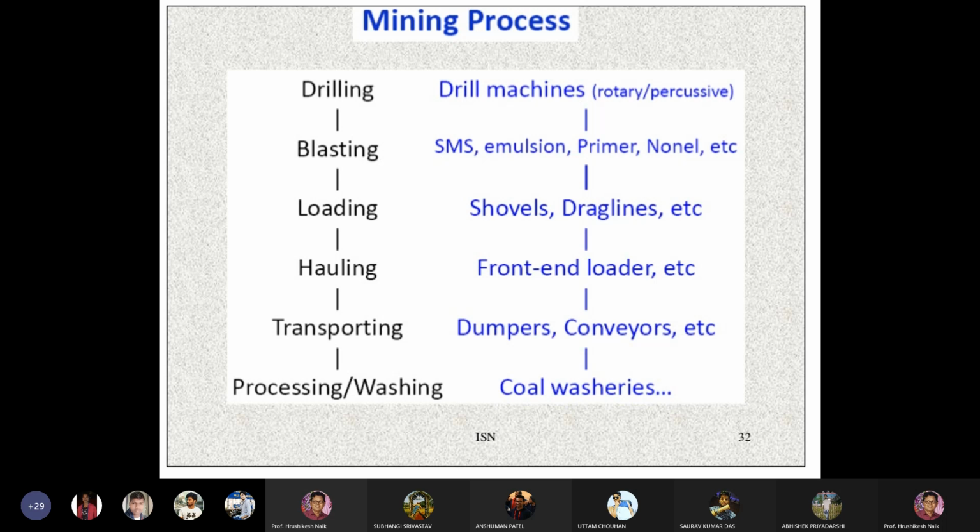Loading is carried out by shovels, draglines. Hauling is done by front-end loaders. Transportation is by dumpers and conveyors. Processing, washing by coal washeries. So these are the different mining processes carried out in open cast mining.